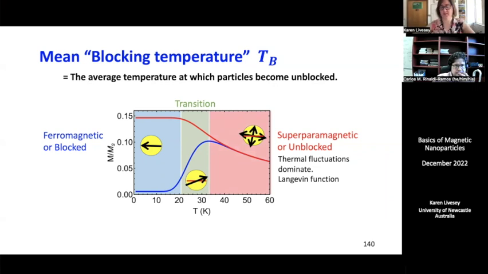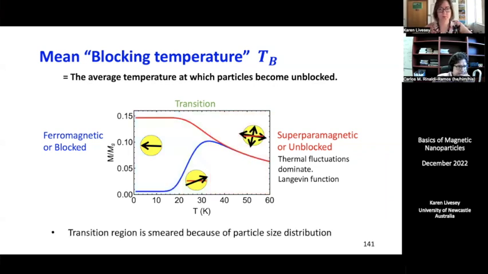You'll notice that the transition region is quite broad. And the reason the transition region is smeared out like that is because we have, in any real sample, a particle size distribution. So the small particles typically become unblocked first, and then the medium-sized ones, and then finally the big ones. So there's this broad region over which particles become unblocked. Even in a sample with no size distribution, we see a broad transition region.